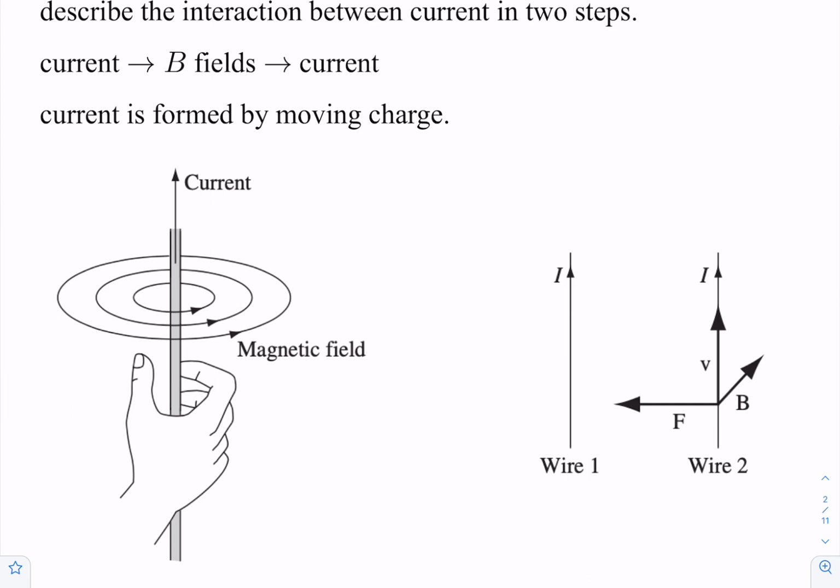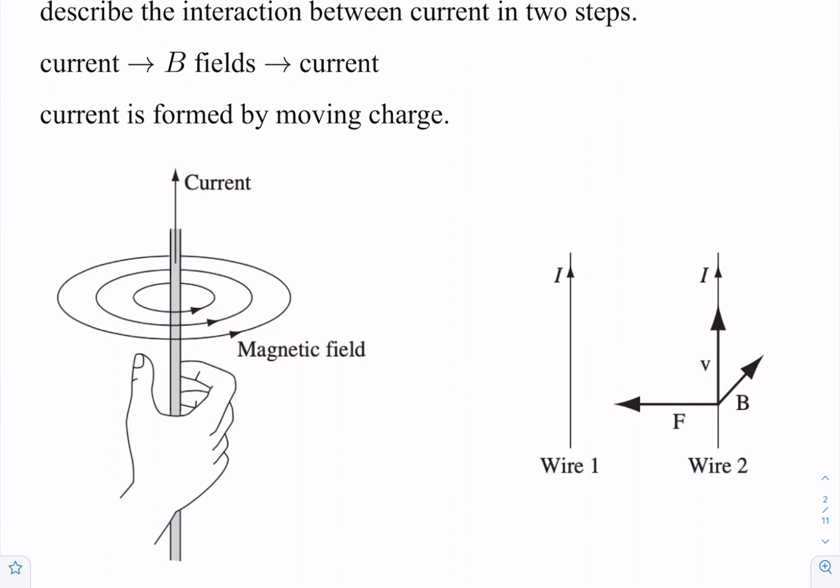But from that, you can determine that the force is pointing towards wire 1. So in this case, two parallel wires with the same current direction will be attracted to each other.